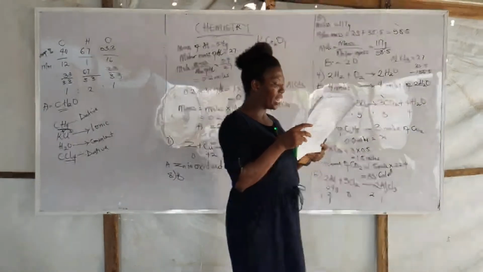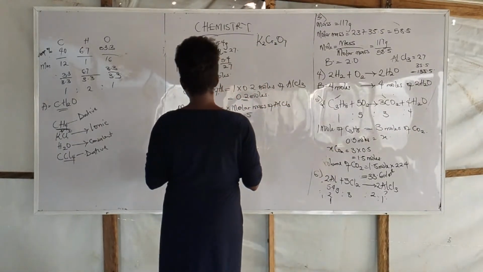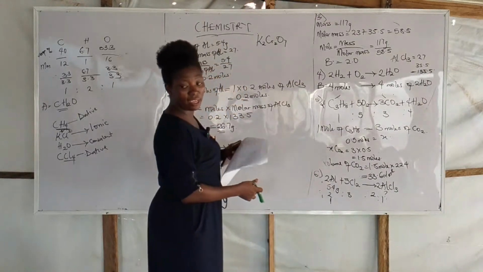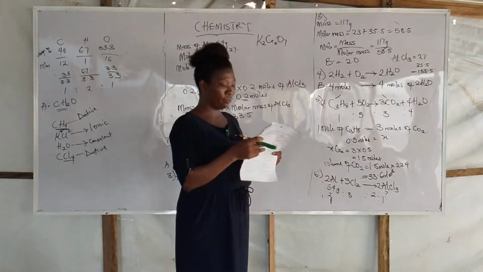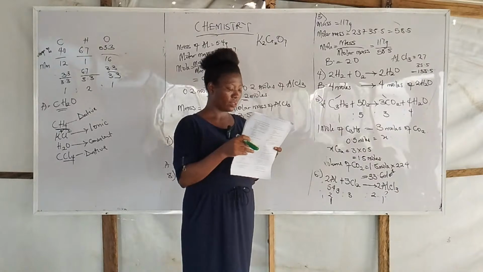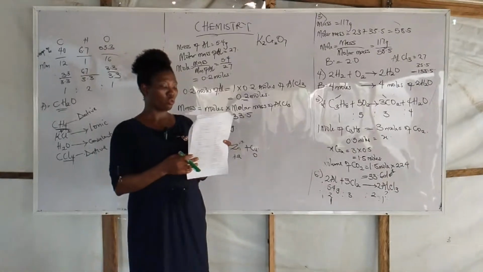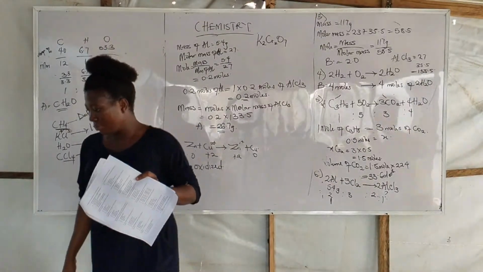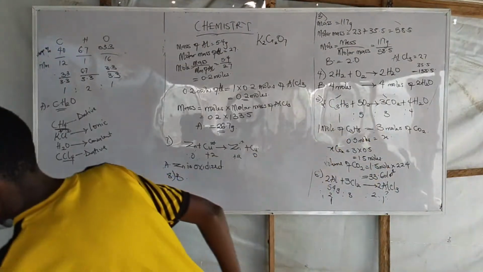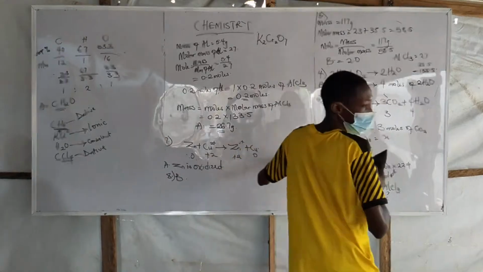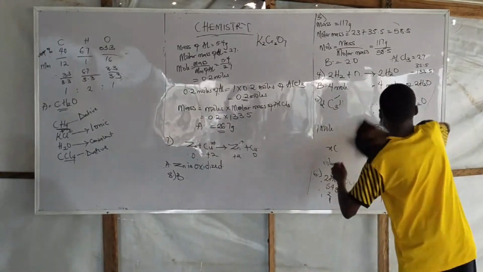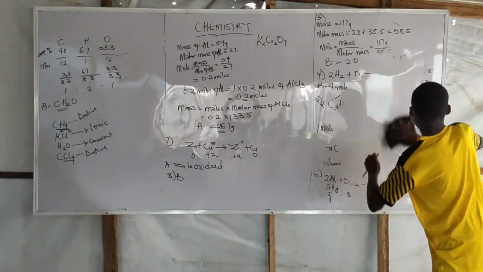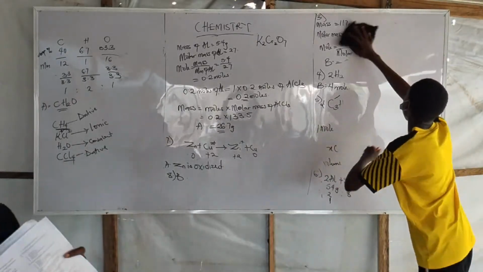Okay, we say that balance this reaction. Please, Nathaniel, help me clean the board. Clean the board, please. Sorry, I just made this tie this morning. Is it okay? I didn't bring a pencil.